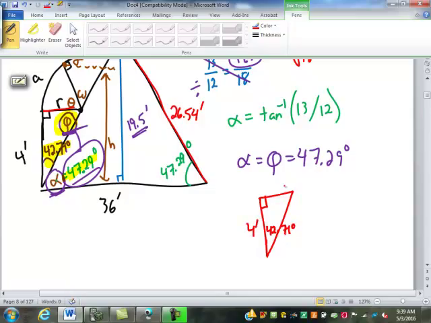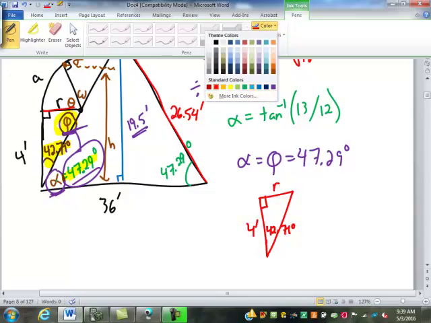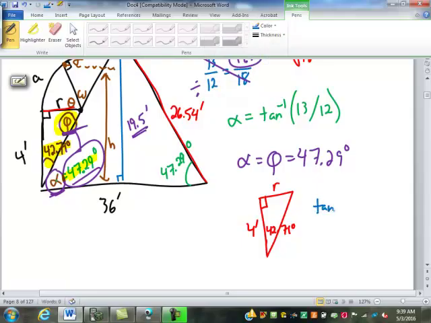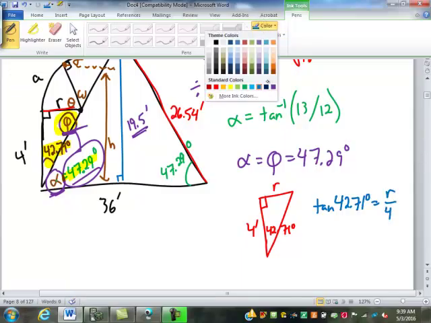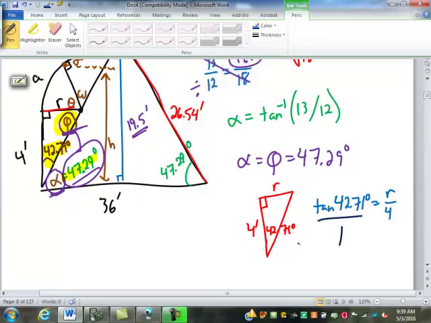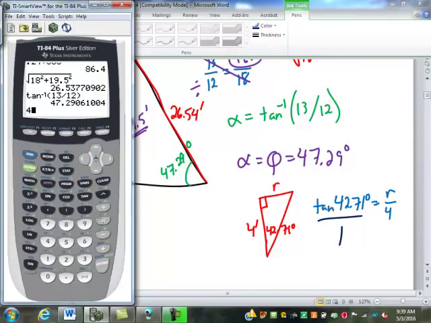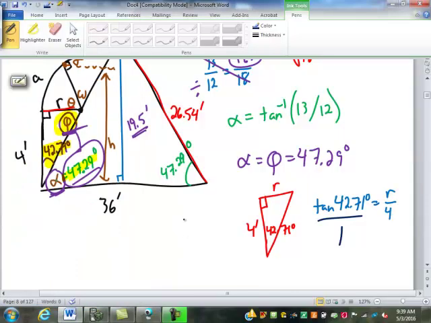This is 4 feet. This is r. So that's going to be a tangent of 42.71 degrees equals r over 4. So that's going to be 4 times the tangent of 42.71. 3.69 is our radius.